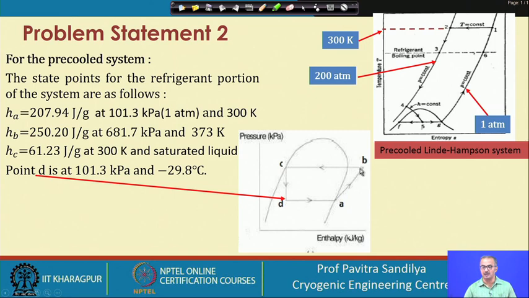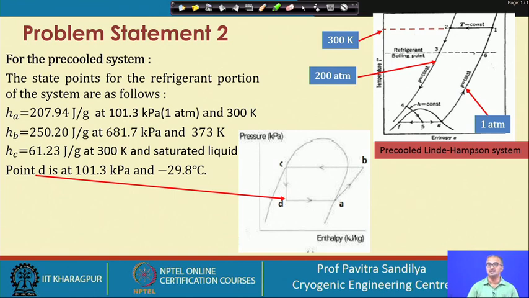From A you are isothermally compressing, so A must be this 0.1, and so on. A similar kind of thing will be there for the pre-coolant. Here we are showing it on the pressure enthalpy diagram, but you can make a similar kind of diagram on the TS diagram also for the pre-coolant.